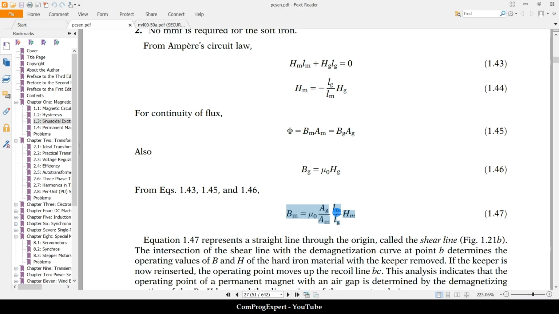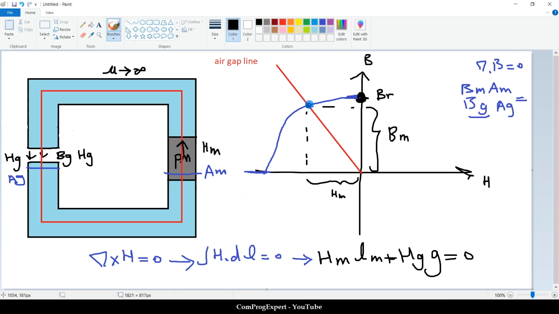So these two numbers, depending on the dimensions of the air gap, we can calculate. So we derive the equation of this line, and after intersection we can find this point. Yes, we did this before.